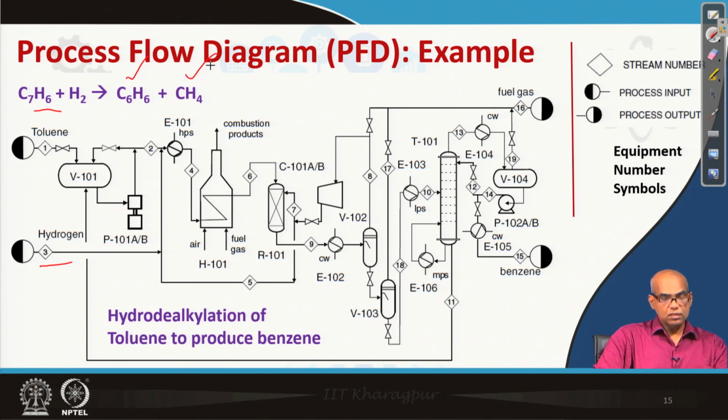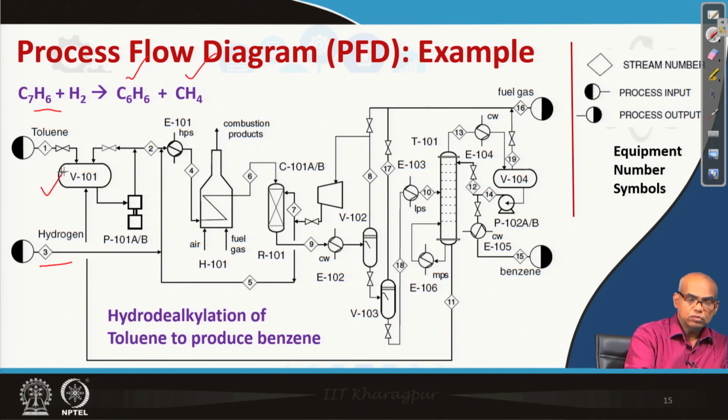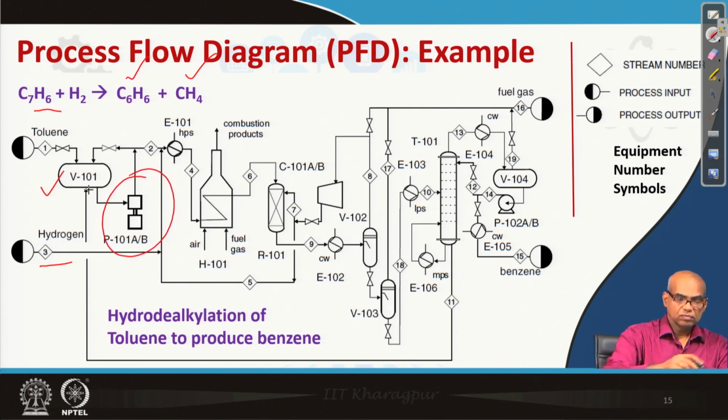What you see is that toluene is taken into the vessel V101, it is pressurized, mixed with hydrogen, and heated up in the furnace to raise the temperature.